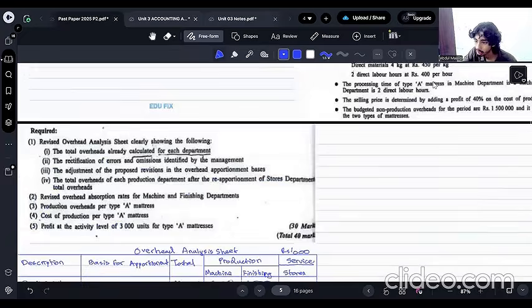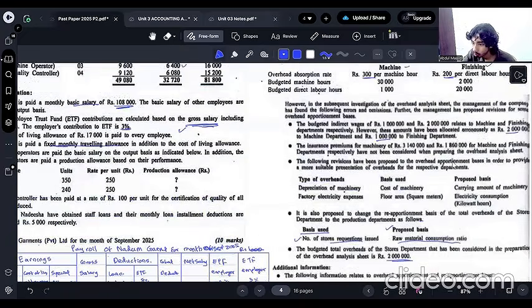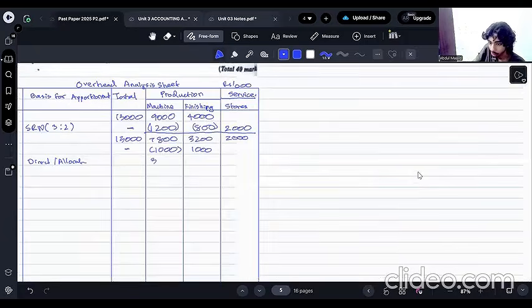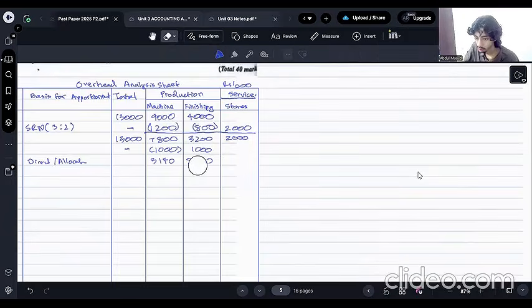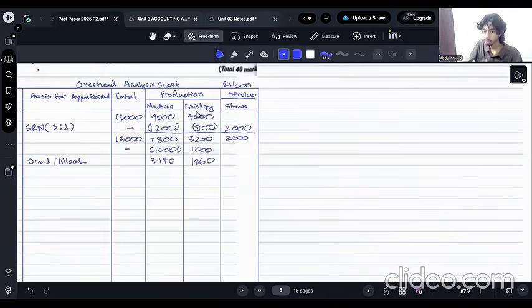How much is that? 3,140,000 and 1,860,000. So 1,860,000 plus 3,140,000, that is 5 million.